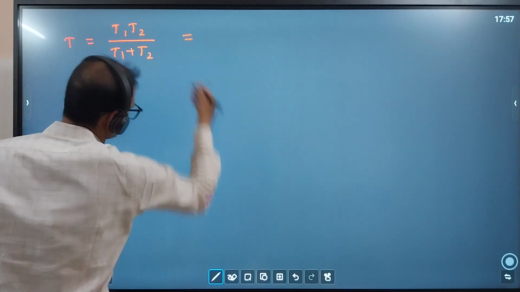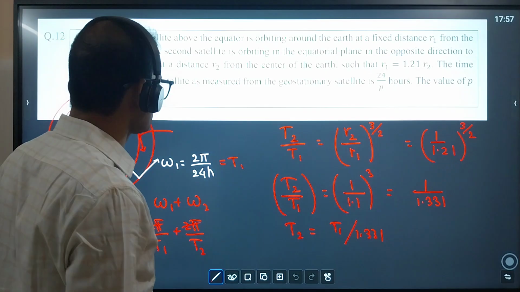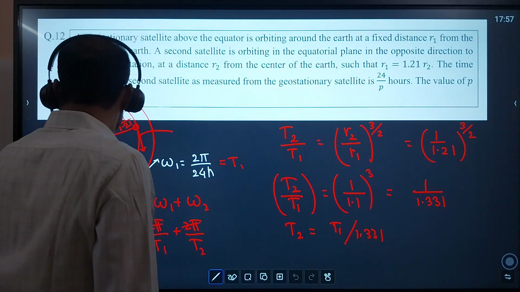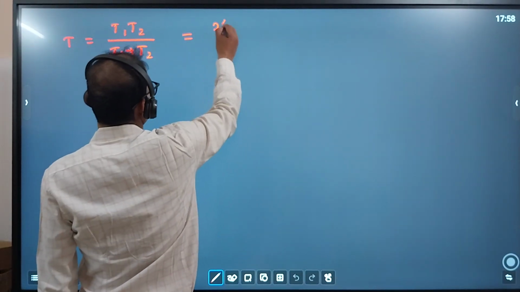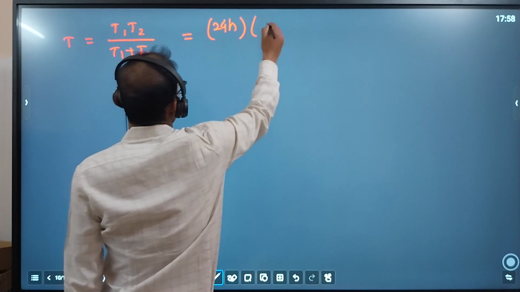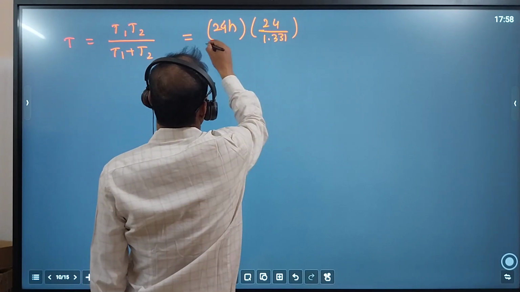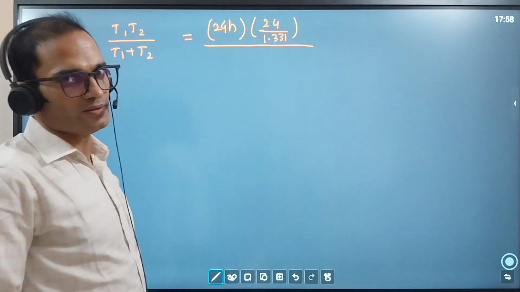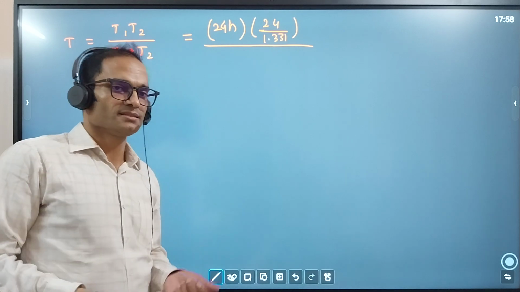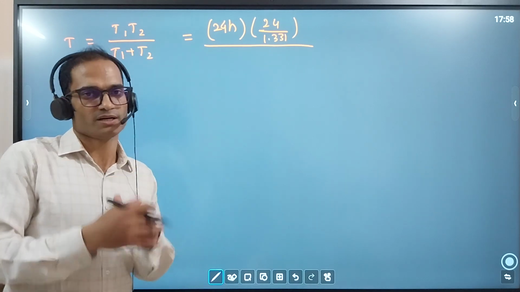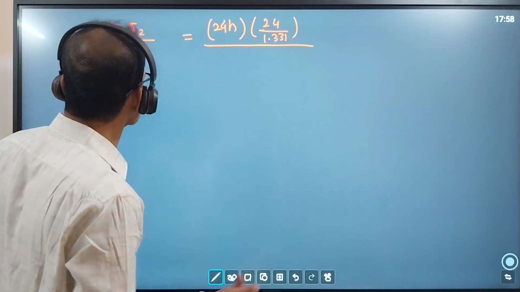I think this kind of formula people do in the classroom during the preparation. So t1 is 24 hour, and t2 is 24 hour divided by 1.331. t2 is smaller; the second satellite is at a smaller distance, so it will run faster, and its time period will be smaller.